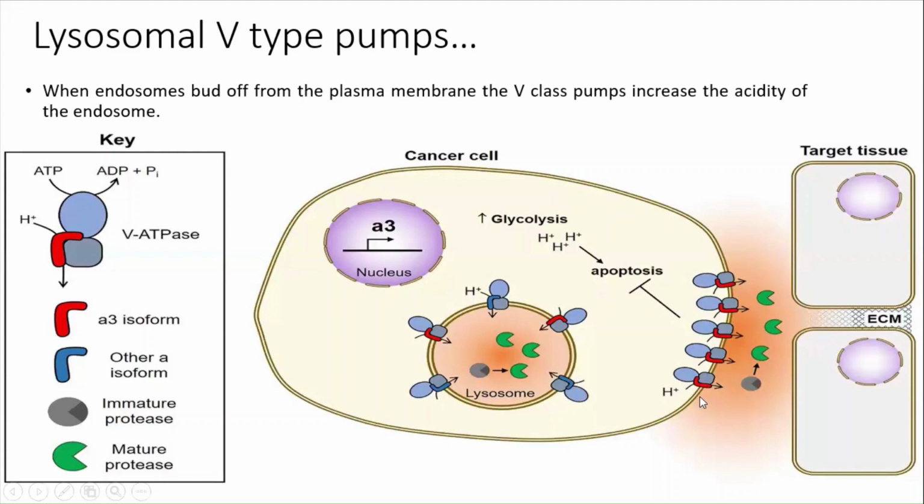Anyone can guess what is happening here? Is it releasing the degradative enzymes? Yes, outside, correct. But add a little more to that. So how are the V class pumps helping?